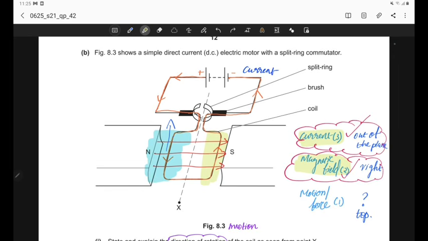Then check your thumb, that will be pointing to the bottom. So the right side of the coil motion will be to the bottom of the plane. So now we can understand that the coil will rotate in this direction, that is in a clockwise direction.